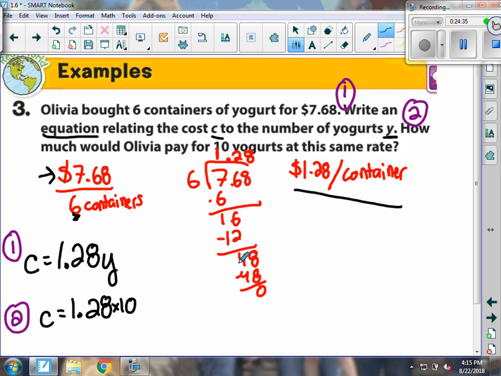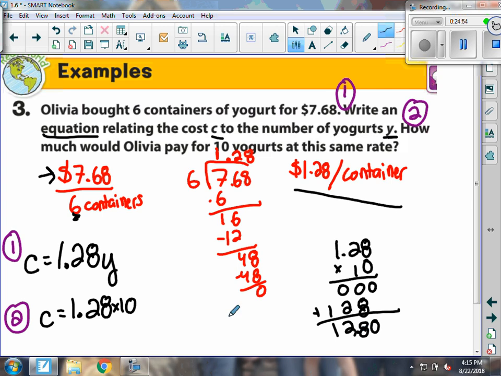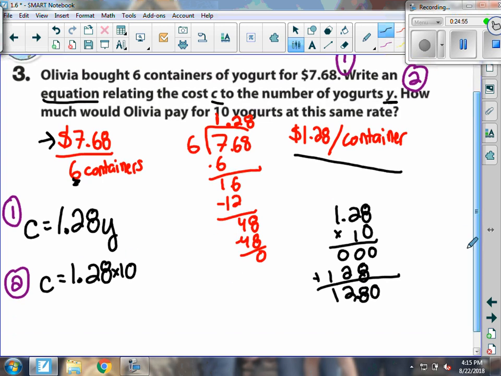I'm going to multiply 1.28 times 10. Anything times 0 is 0. 1 times 8 is 8. 1 times 2 is 2. And 1 times 1 is 1. And I have 2 decimal places. So the cost for 10 yogurts is going to be $12.80.